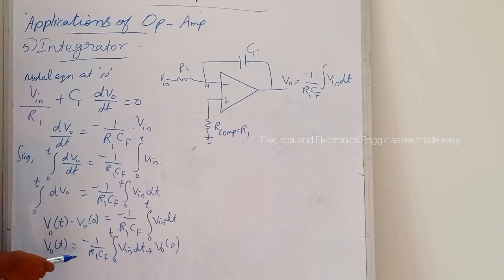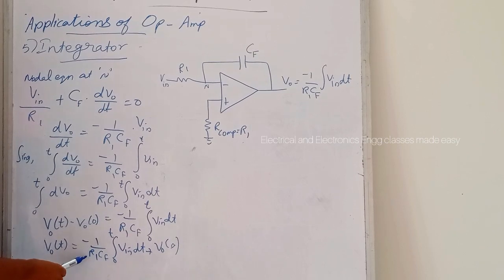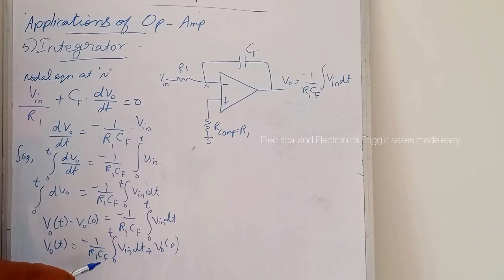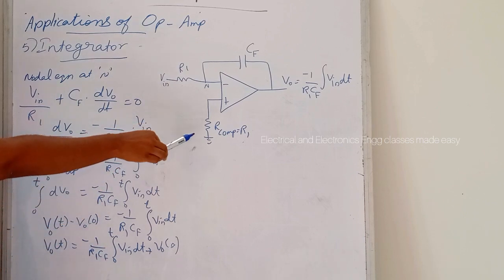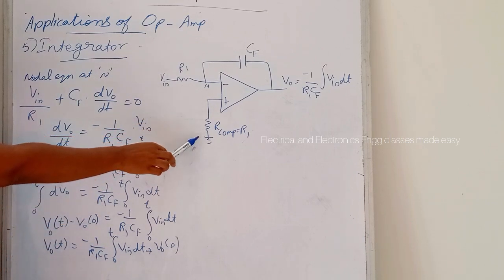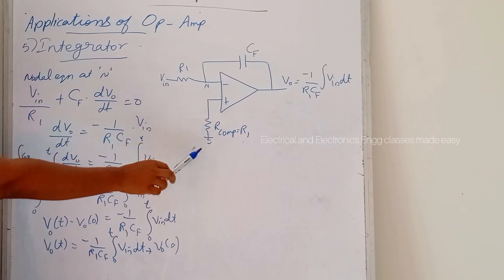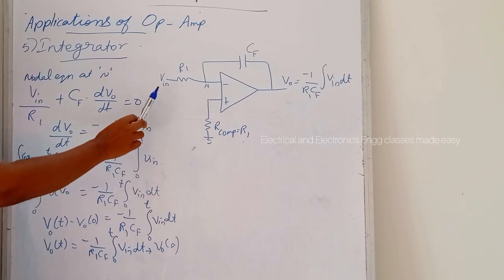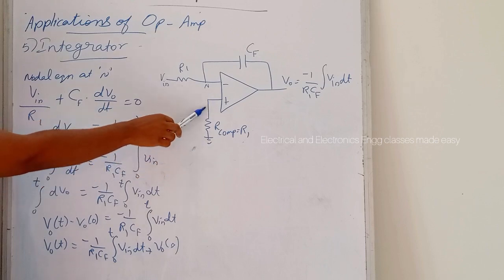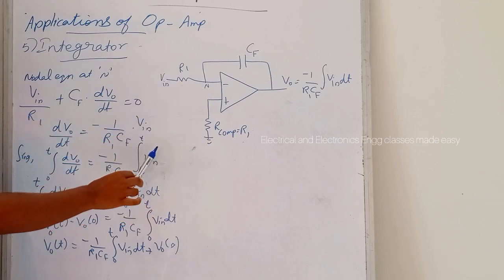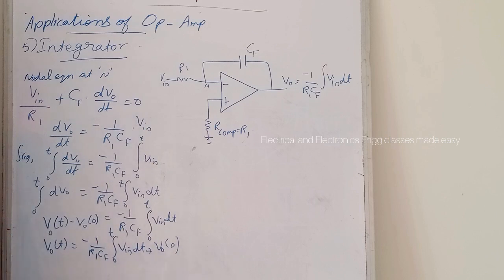Thus, the output voltage is proportional to the time integral of the input, and R1 into Cf is the time constant of the integrator. And here also a resistance called compensating resistance or Rcomp, which is approximately equal to R1, is usually connected to the positive input terminal to minimize the effect of input bias current.